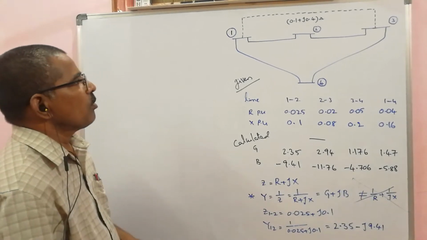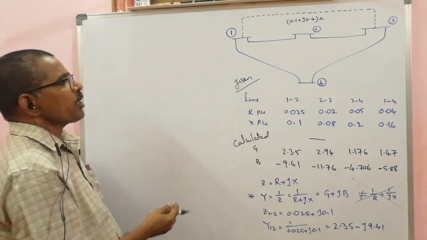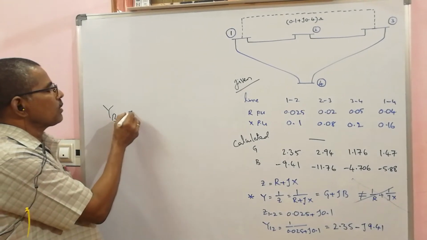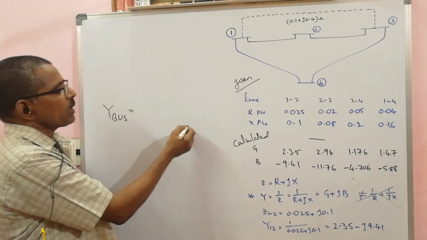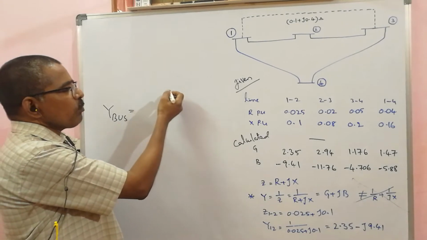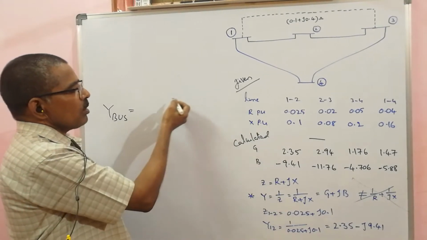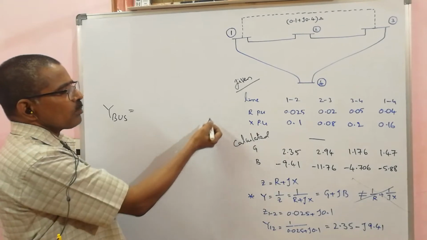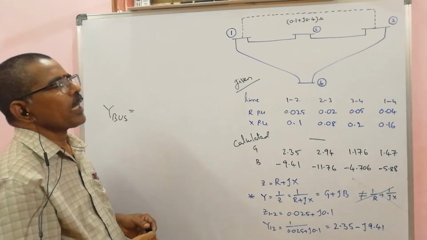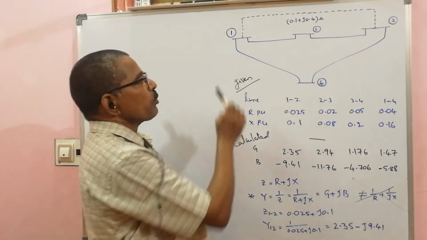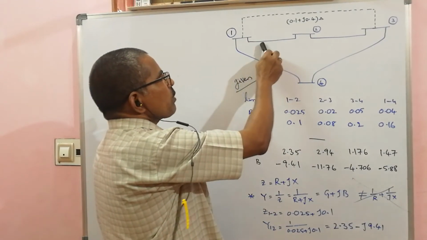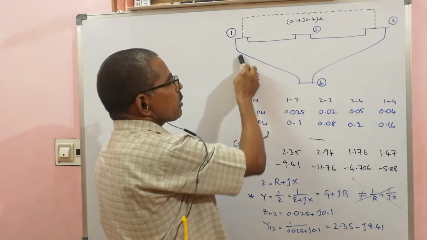Next, without the dotted line shown, form Y bus. Y bus has diagonals Y11, Y22, Y33, Y44, and off diagonals Y12, Y13, Y14, Y23, Y24, and so on. What is Y11? All of you know. Y11 is the summation of these two admittances, the admittance of 1 2 and the admittance of 1 4.